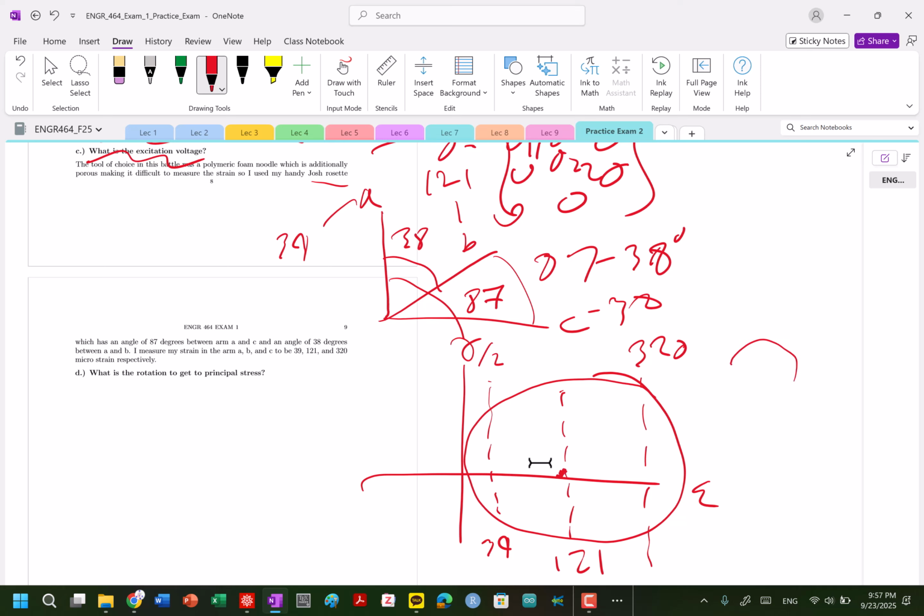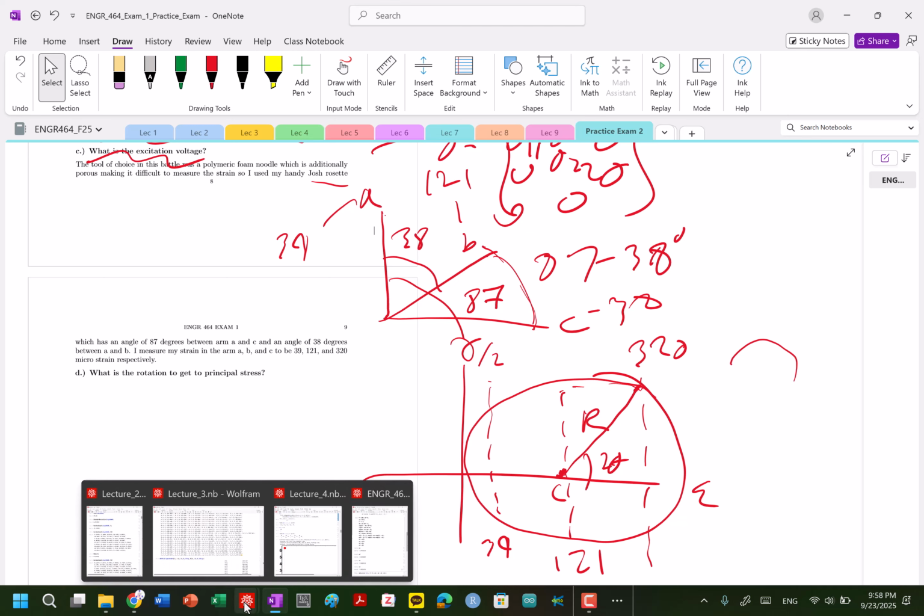So first, I want to define this triangle. I need my center, I need this 2 theta, and I need this radius. We're going to start from here and then rotate, so basically starting from our C value and going to here and to here. Make sense? All right, let's get to it.